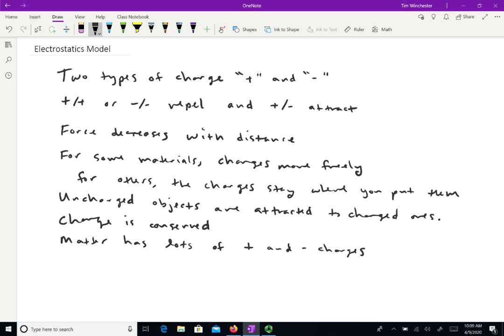And finally, the last part of the model, and this is not something that you are able to see with the experiments that we've done, but there are some other experiments that can be done that show that charge is quantized. Okay, so what does that mean? Well, the amount of charge that an electron has is the smallest amount of charge that we ever observe in nature.